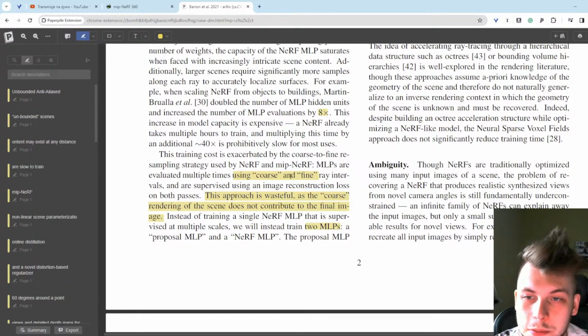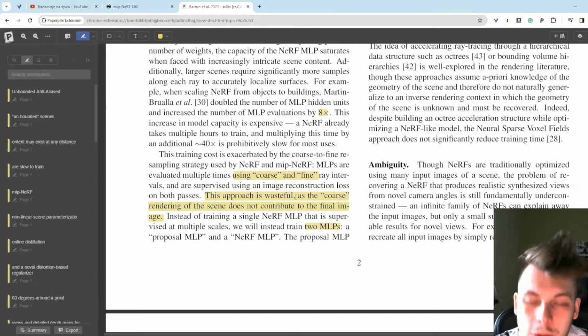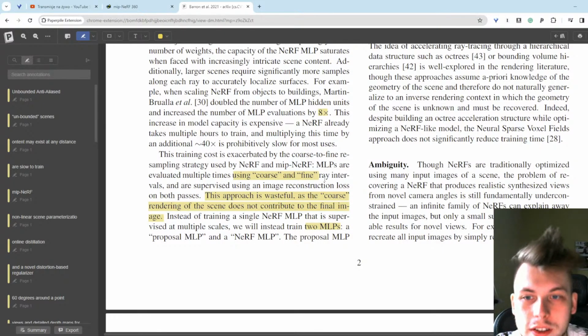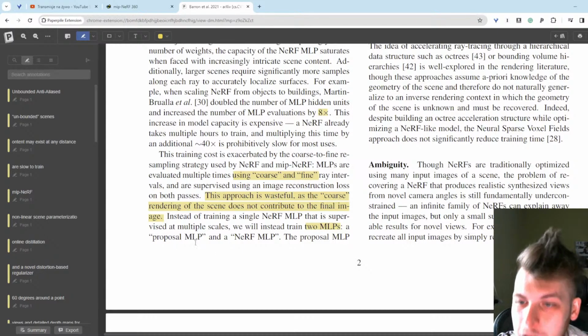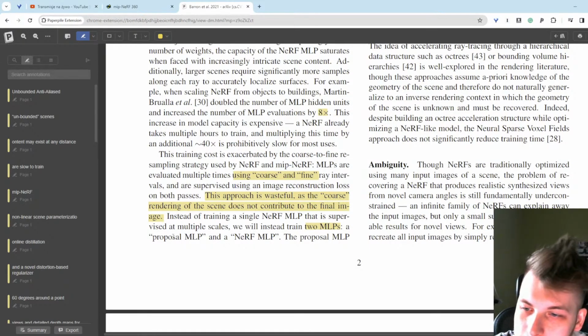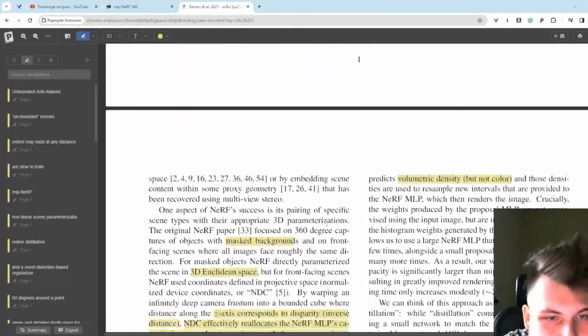So they're going to use this PDF from the previous network, sample points from this PDF, use these sample points as an input to this NeRF MLP, query NeRF MLP at this input, and get the actual color and density. So likely they're going to say this proposal MLP probably can be smaller, and this NeRF MLP has to be big, and because it's smaller, it's faster, or something like that. So let's see.